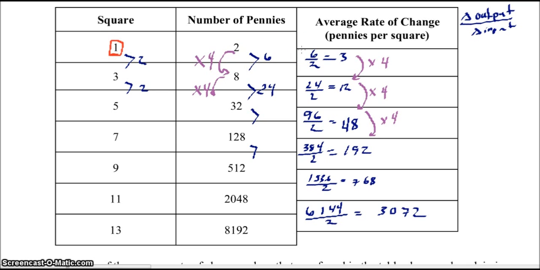Wait, maybe I'm looking at the wrong thing. Let's compare the number of pennies 2 with 3, the number of pennies 8 with 12, and the number of pennies 32 with 48.